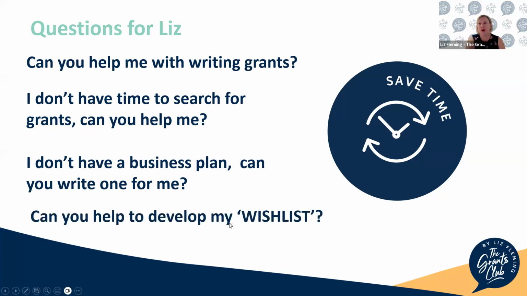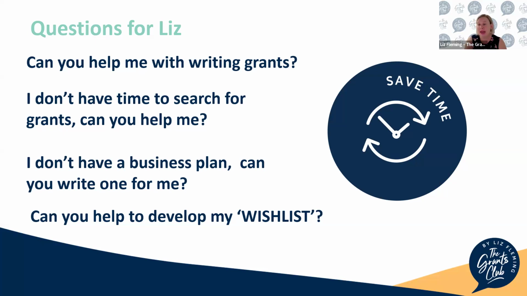And I've talked a lot about our wish list. If there was a grant out there for $5,000, $10,000, what is on your wish list? Can you help me to develop my wish list? Absolutely. We do one-off strategy calls, normally for 3 hours, to develop that wish list. And I will help you to further brainstorm your ideas.